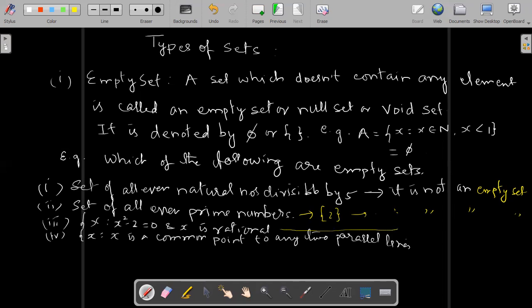Then what do you say about the third one? The third is an empty set.